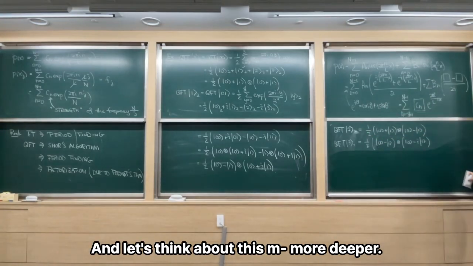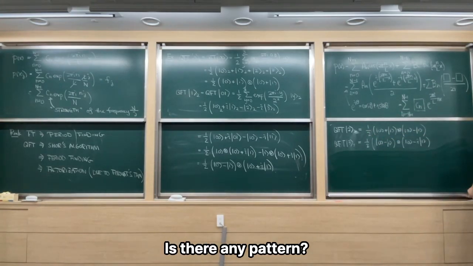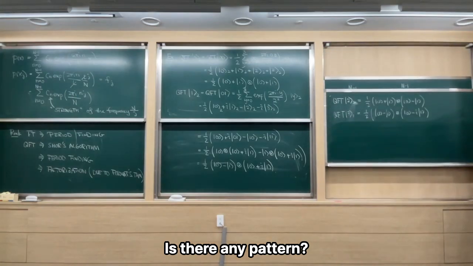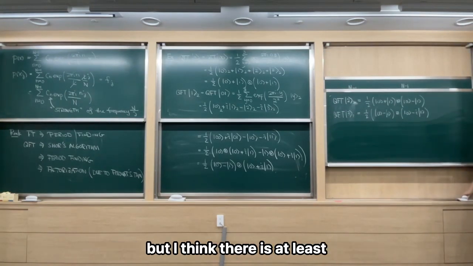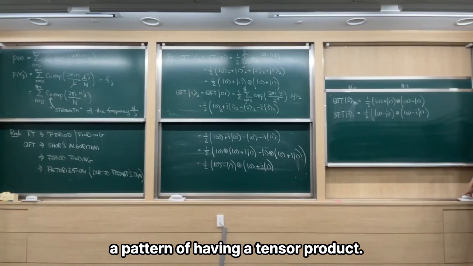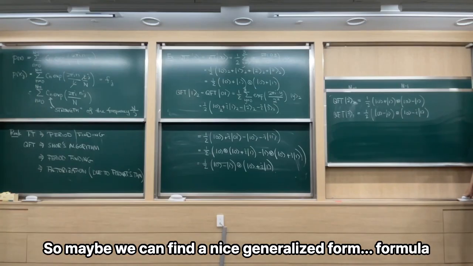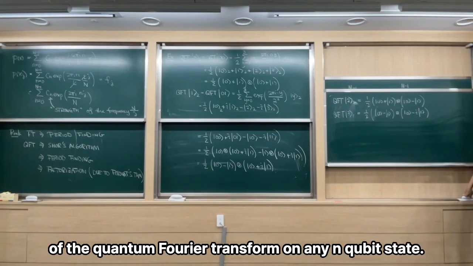And let's think about this more deeply. Is there any pattern? It's hard to see the pattern right here, but I think there is at least the pattern of having a tensor product. So maybe we can find a nice generalized formula of the quantum Fourier transform on any n-qubit state.